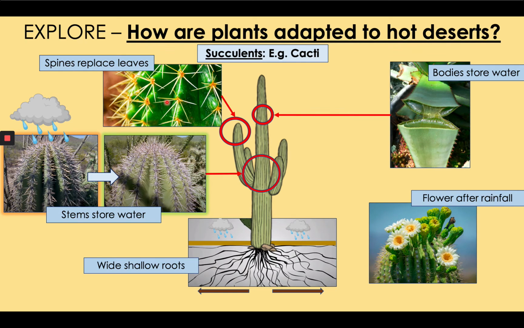And the final adaptation of cacti is a really clever one. For plants to spread, to reproduce, they flower. However, flowers release a lot of water through evapotranspiration, and so it is not a good way to store and hold on to water. Consequently, cacti only flower immediately after rainfall.